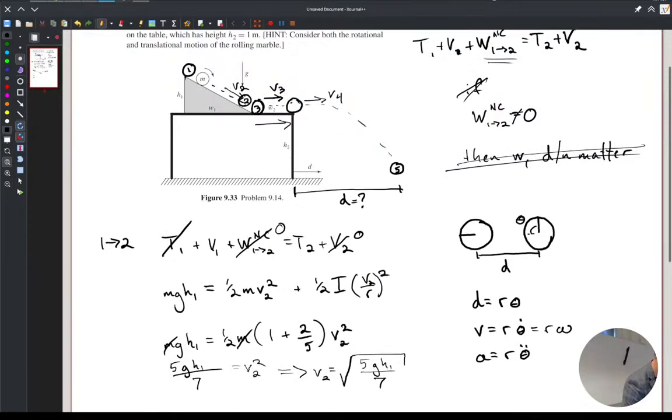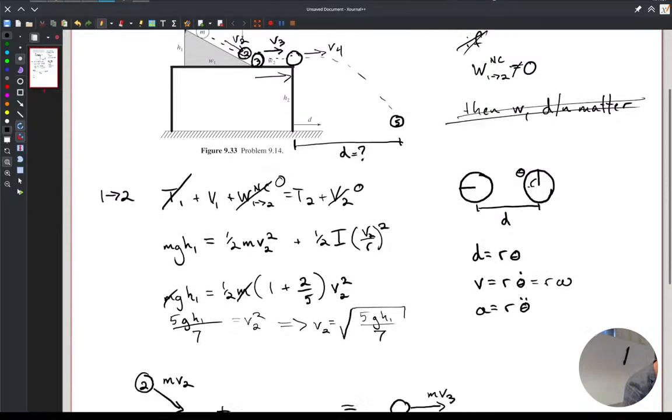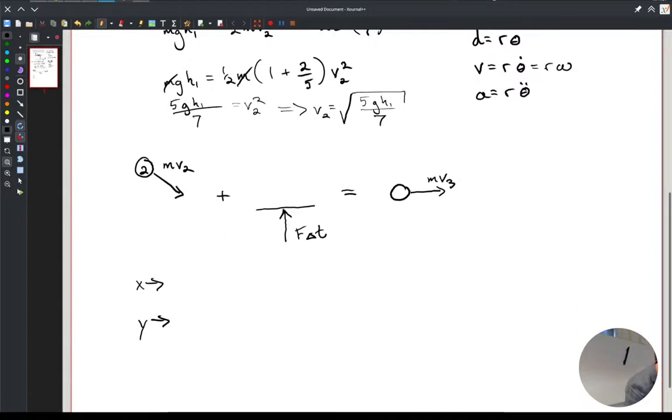And then what is this? H1, 0.2, and 0.4. So we know the slope before, and then the slope after, and then direction after.